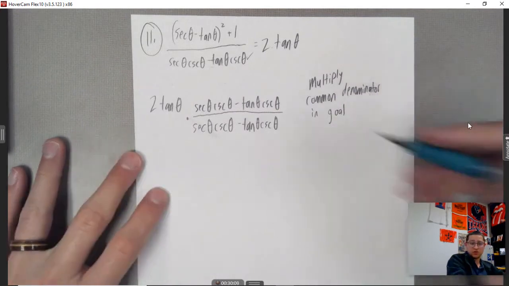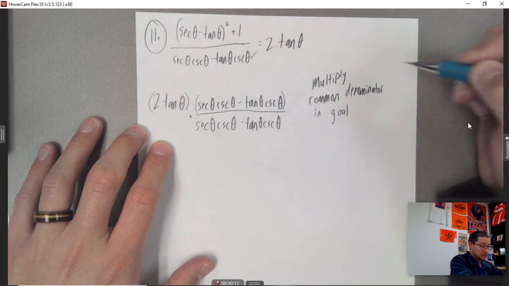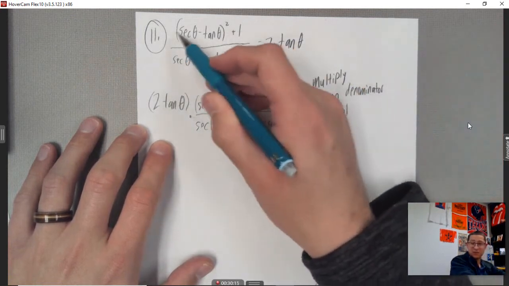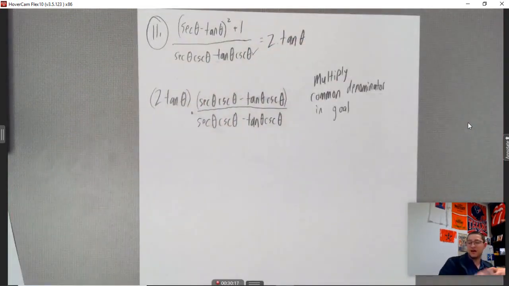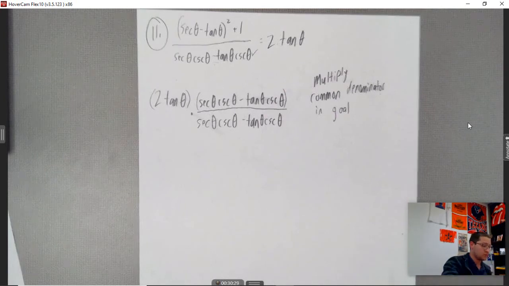Now all I need to do is show that the top, this times this, is that stuff up there. If we were working from here to here, we would have to work with the bottom and also the top. This makes it simple. Take care of the top, good to go, okay?